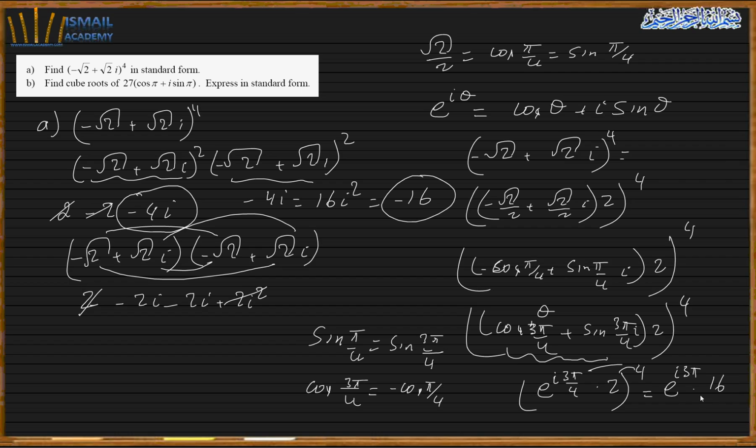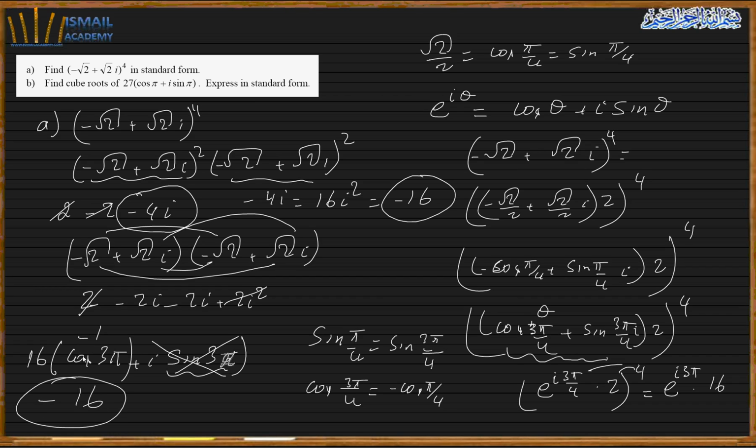So as you see here, if I rewrite this one in terms of cosine, it's going to be 16 times cosine of 3 pi plus i sine of 3 pi. Sine of 3 pi is 0, so this is gone. And we know that cosine of 3 pi is minus 1, so it's going to be minus 16. So this is minus 1. And as you see here, it is minus 16. So you can do it either that way, using the exponential, or that way.